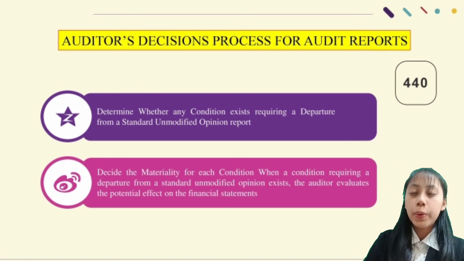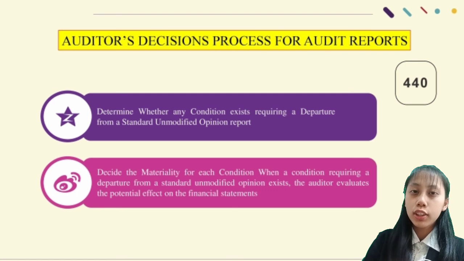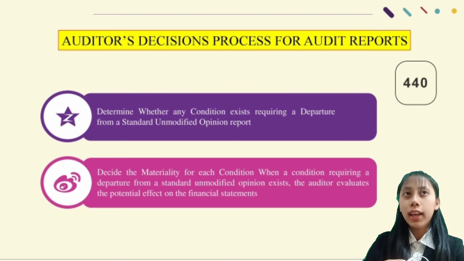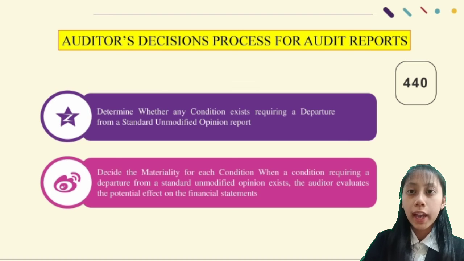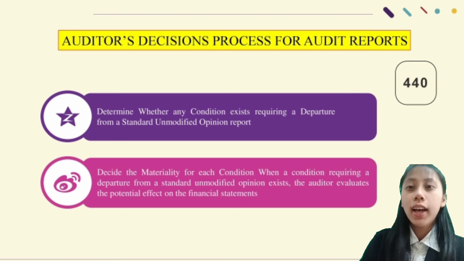They decide the appropriate type of report for the condition given the materiality level after making the first two decisions. It will be easy to decide the appropriate type of opinion by using the decision aid.